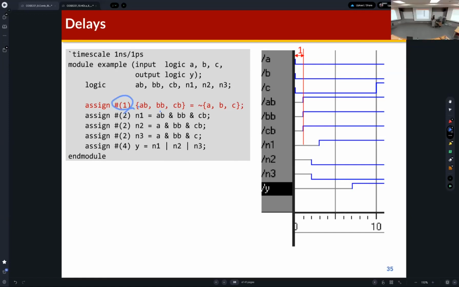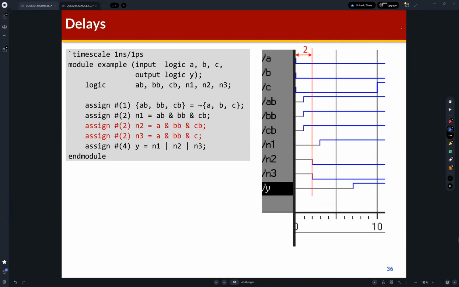What does that mean? After 1 nanosecond, these outputs are determined by input signals. So you can observe unknown values here for 1 nanosecond. So the output is just reflected after 1 nanosecond.